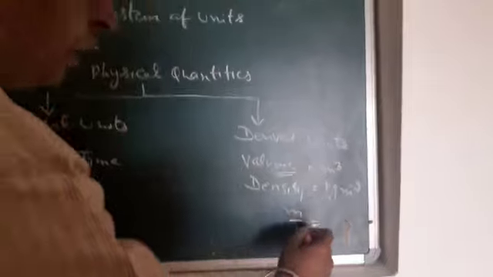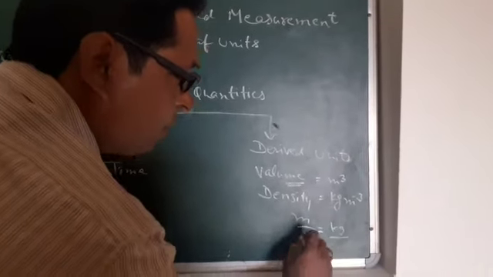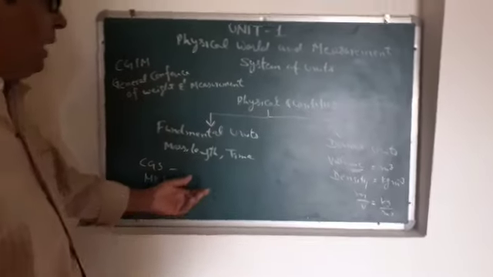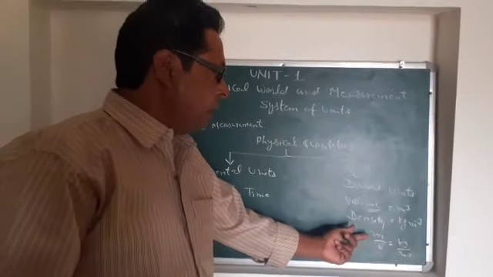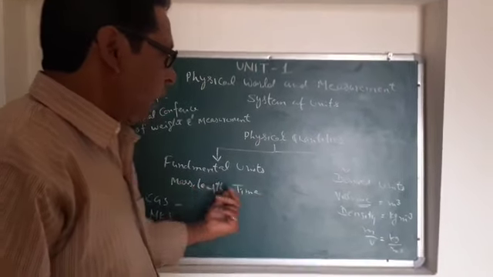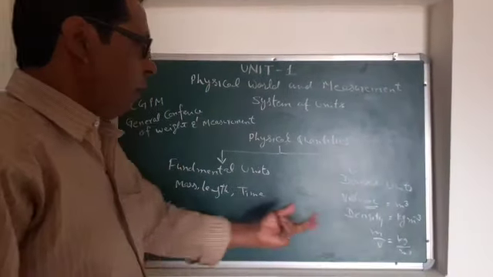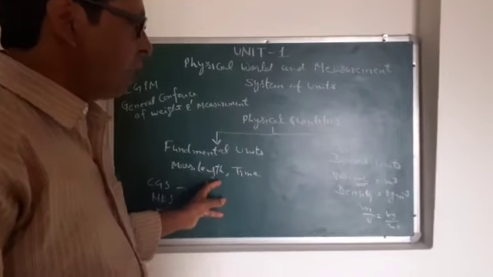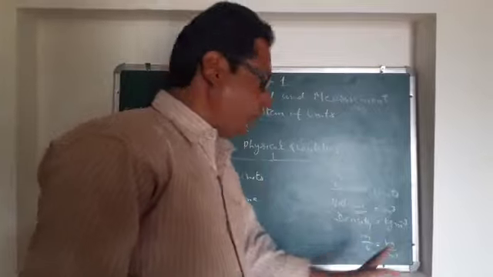Mass is measured in kilogram and volume in meter cube, so it is derived from mass, a fundamental quantity, and volume, which is again derived from length. So this is kilogram per meter cube.